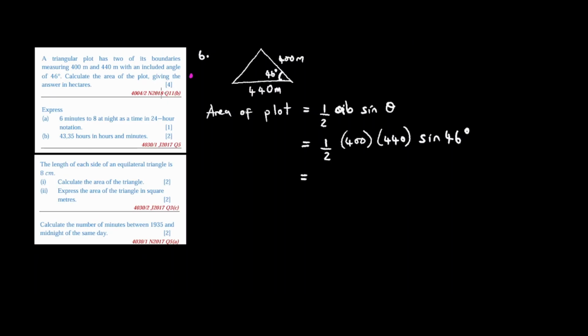Since I am doing mathematics at university level, my calculator is in radians, so I have to change. So half of 400 multiplying 440 sine of 46.